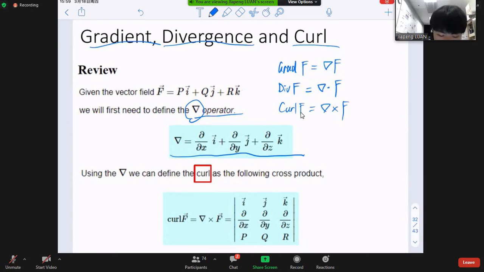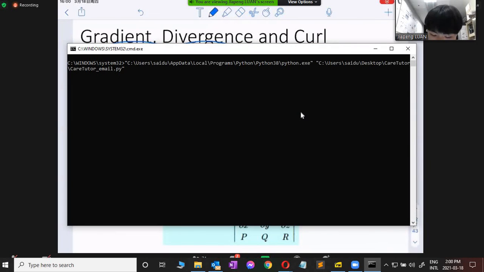If you see this operator just as a vector, like this, then you can easily calculate these three expressions. For this one, if f is f_x i, f_y j, and f_z k, you can easily calculate this vector dot this vector, right? Then you can get the representation of div f.